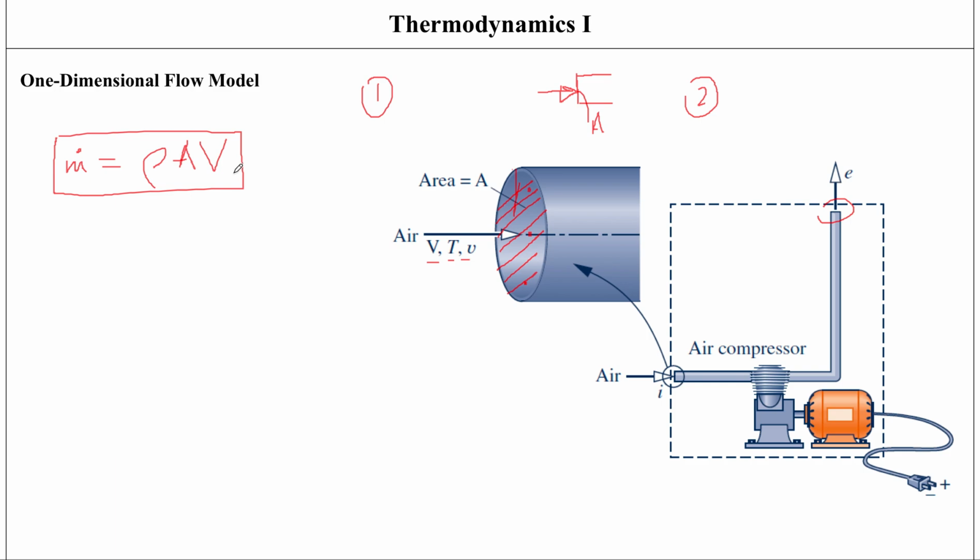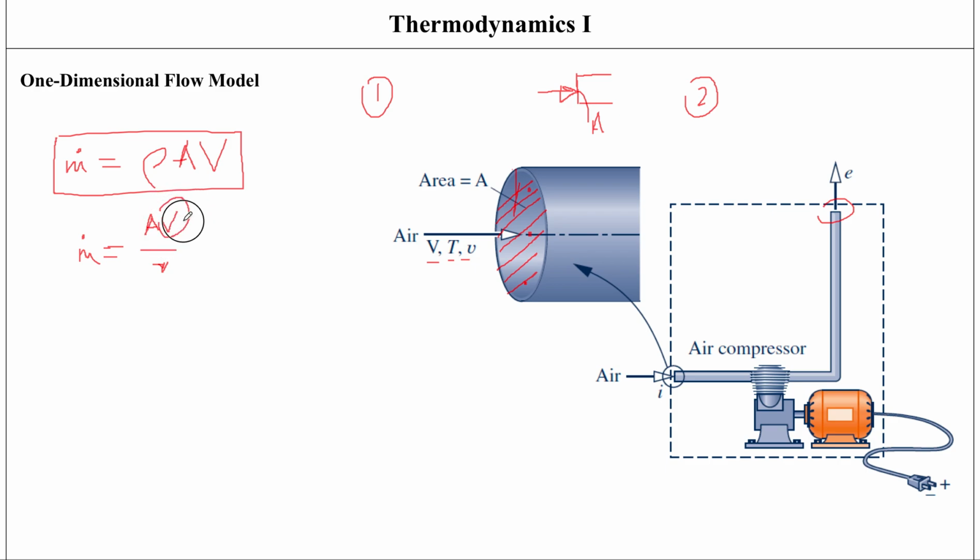And this is the mass flow rate for the one-dimensional model. I could also write m dot in terms of specific volume, because specific volume is the inverse of density, so I could write it as A v divided by small v, which would be specific volume.